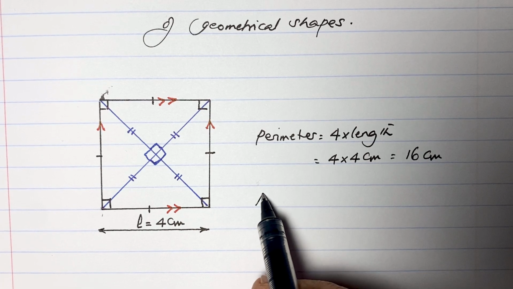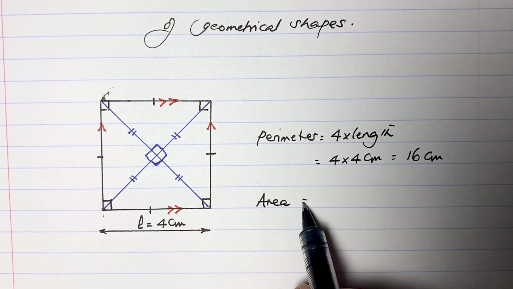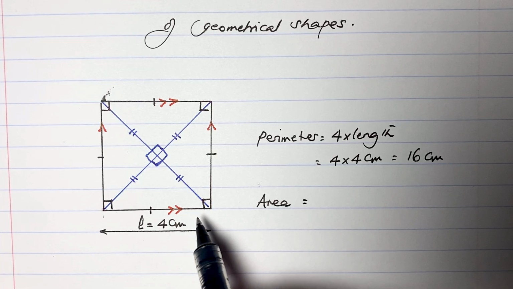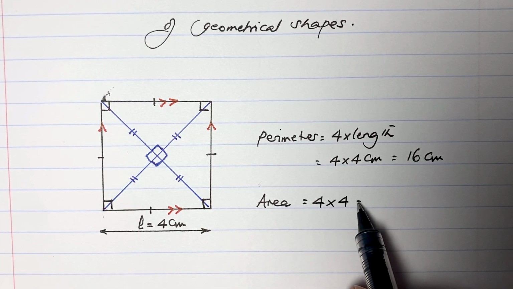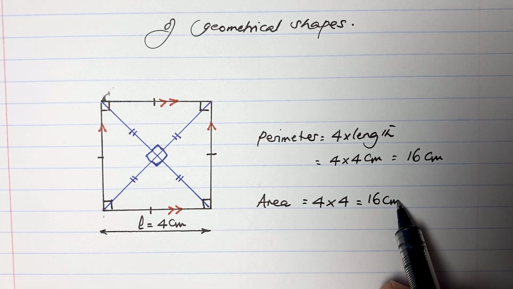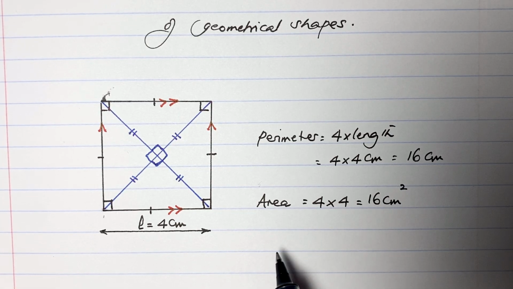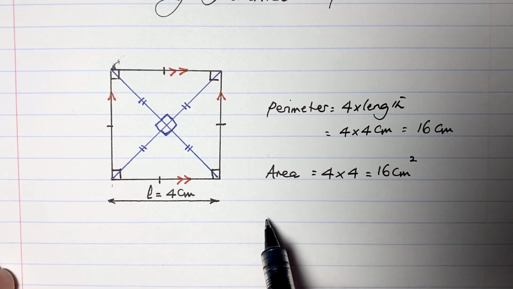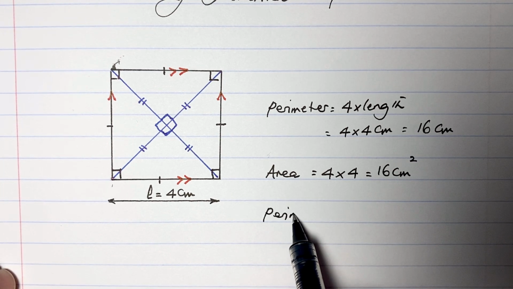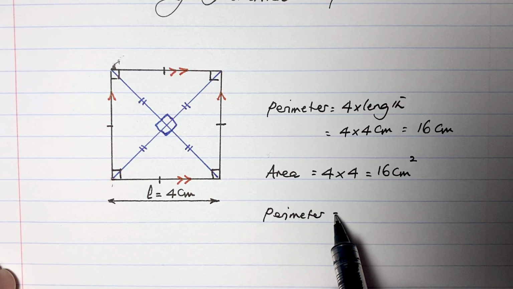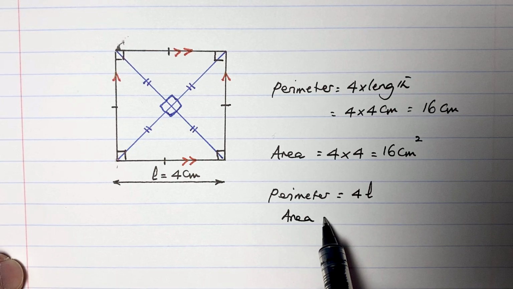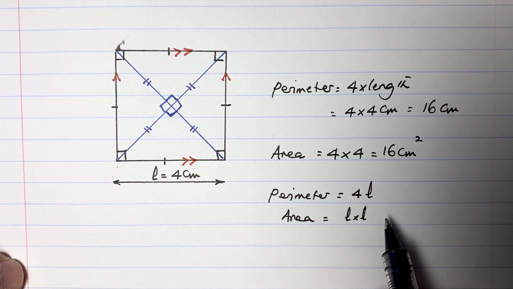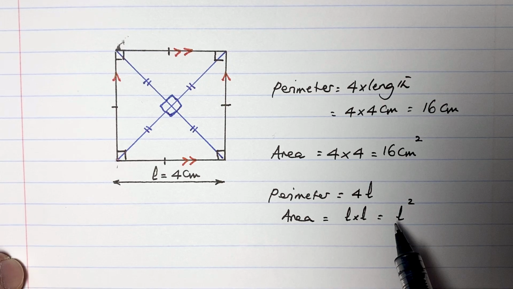Then the area. Area is the length multiplied by the width, but the length and width of a square are the same. So I multiply the length by the length to give me 16 centimeters squared. Therefore, the formula for the perimeter of a square is 4 times length, and the area is length times length, or length squared.